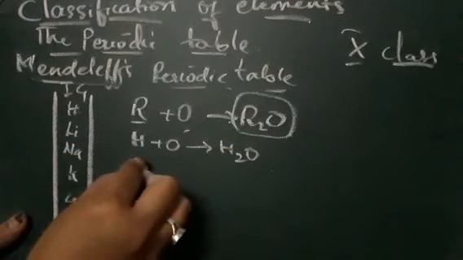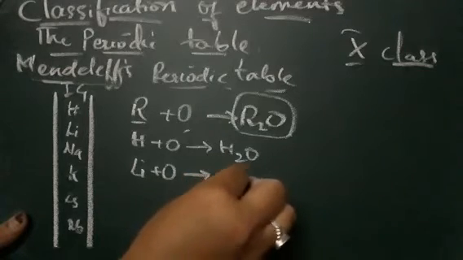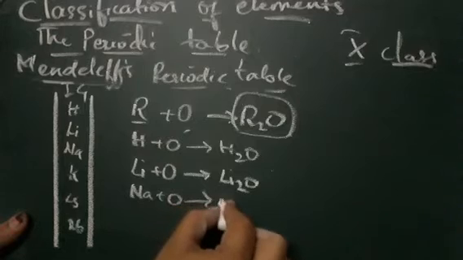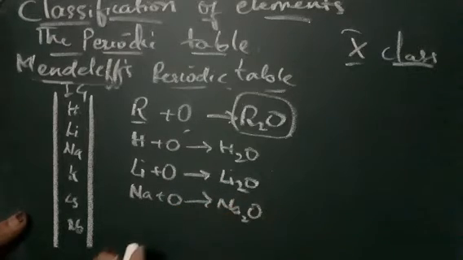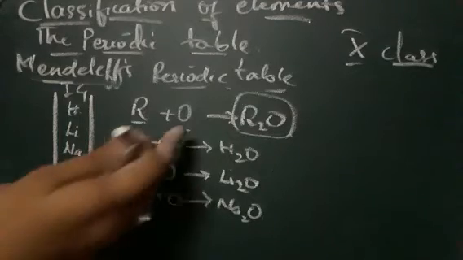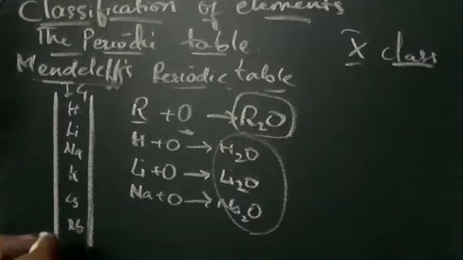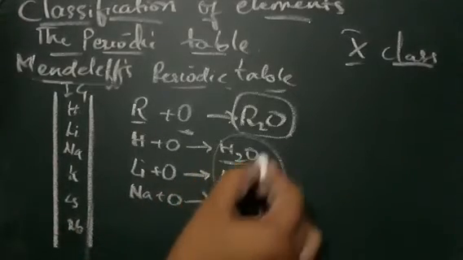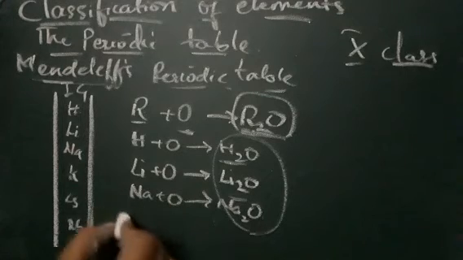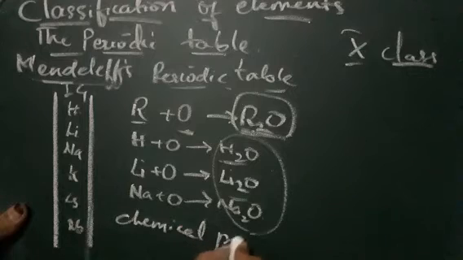If lithium reacts with oxygen, it will give Li2O. If sodium reacts with oxygen, it will give Na2O. He said that any first group element reacting with oxygen will give the same formula R2O. That means they have the same chemical properties.